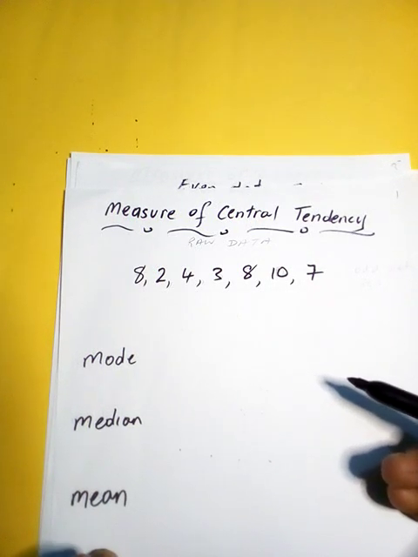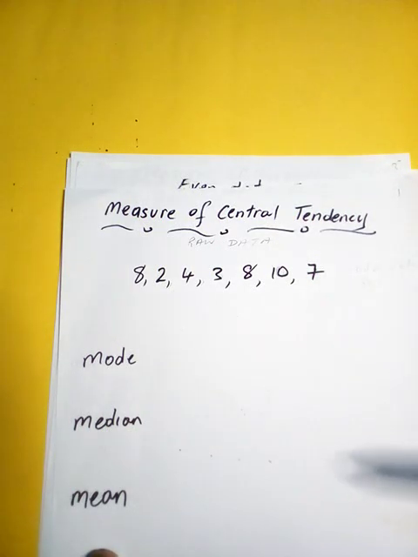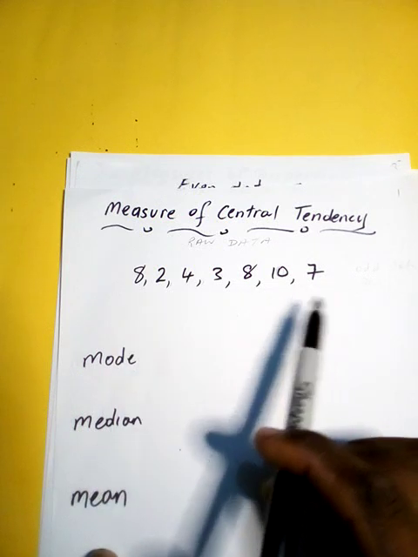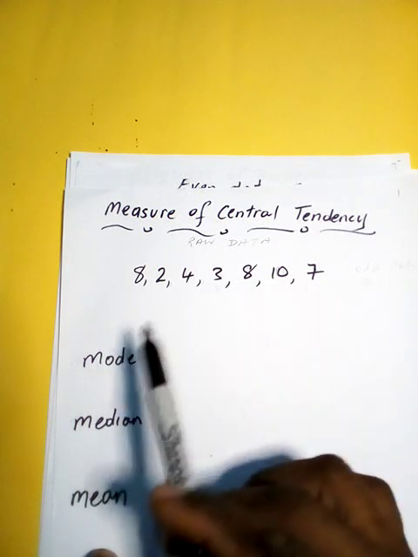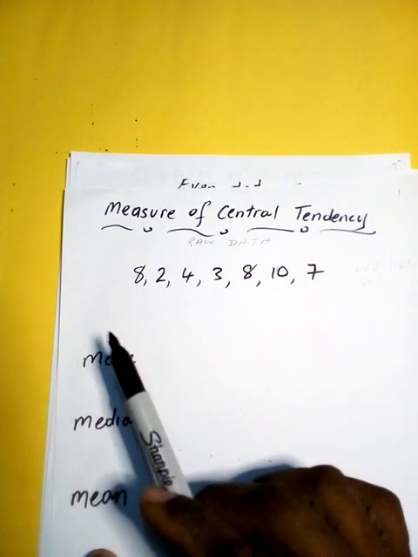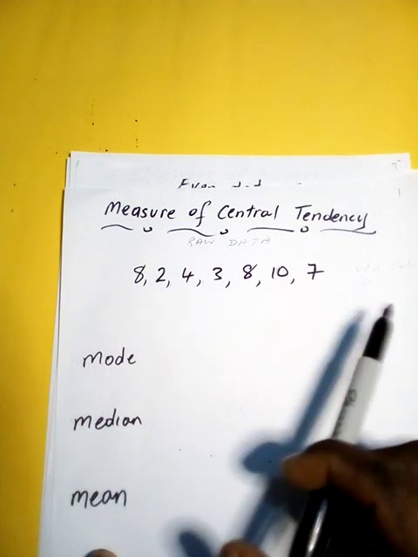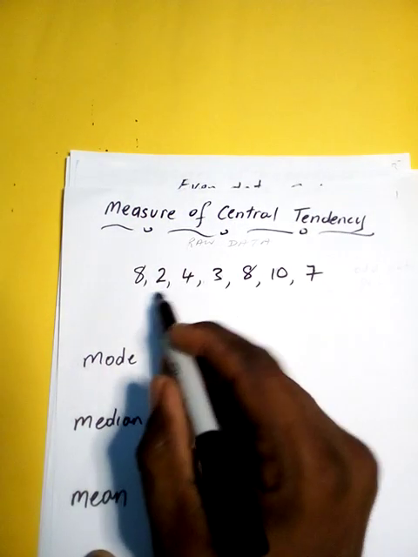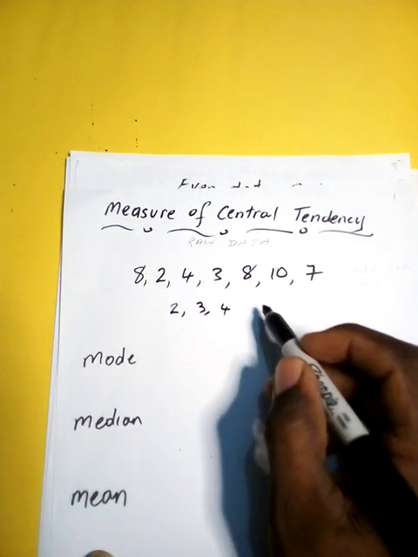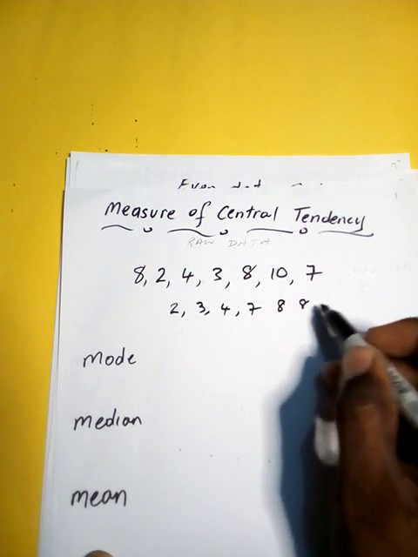Now, to identify the mode, median, and mean, the first step is to organize or arrange the data set into ascending or descending order. The first thing you do is to organize the data set into ascending, small to big or big to small. For example, we have 2, 3, 4, 7, 8, 8, 10.